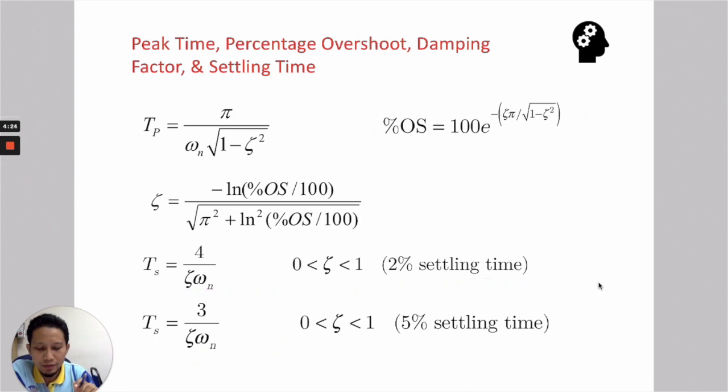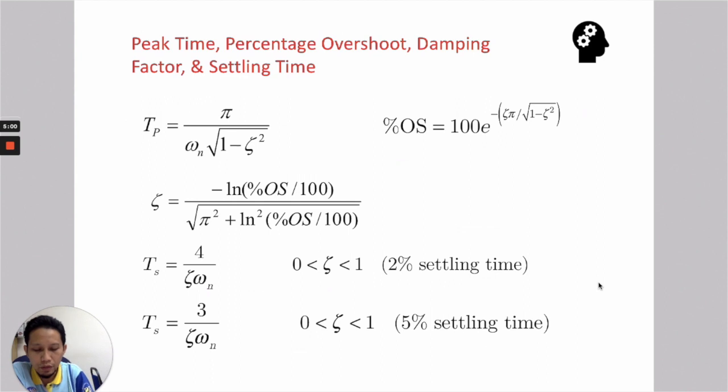The settling time can be calculated only for zeta between 0 and 1, because when zeta equals 1, there is no 2% settling time, since the response goes from transient to steady state value without oscillation. This is for zeta equals 1 and zeta greater than 1, the critically damped and overdamped systems.